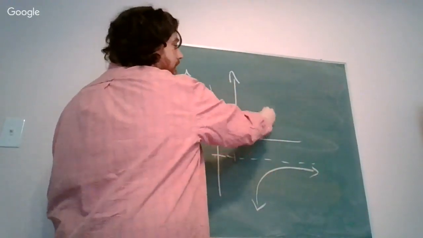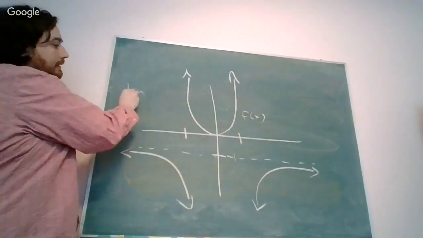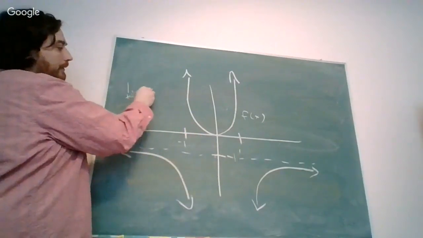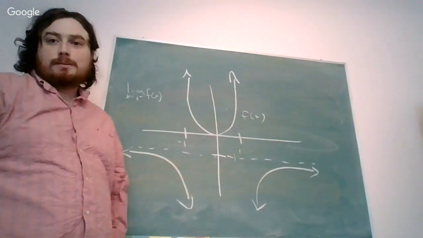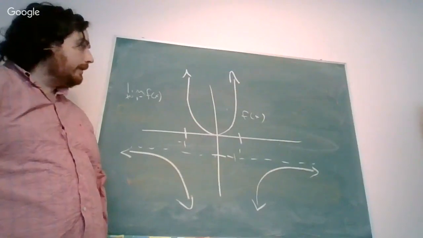So if that's f of x, then if I ask something like, what's the limit as x goes to 1 from the left of f of x? We're going to do a similar thing to what we had before. The distinction being is that we're going to have a different answer.